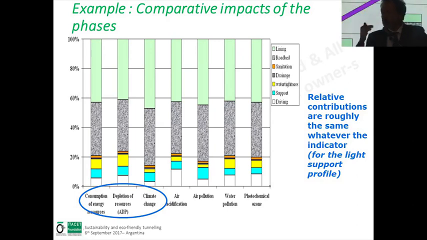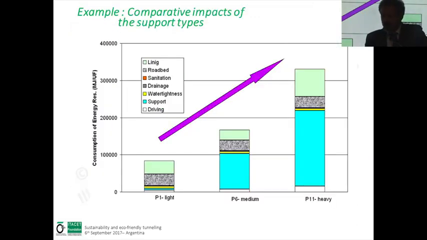If we now compare the support types, this is the light support profile on the left, the EV1 on the right, and we see for the consumption of energy resources indicator a very important increase of the impact for the EV profile. If we examine this figure, the blue part is the support itself.